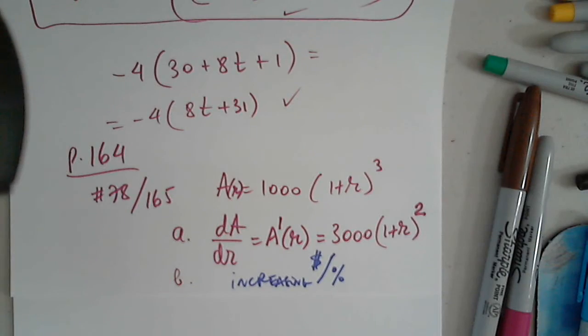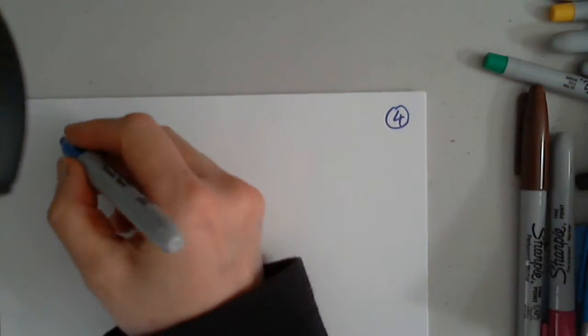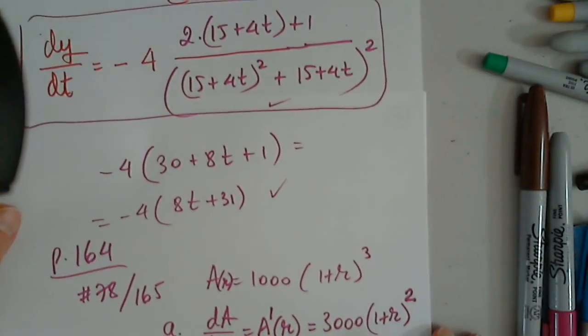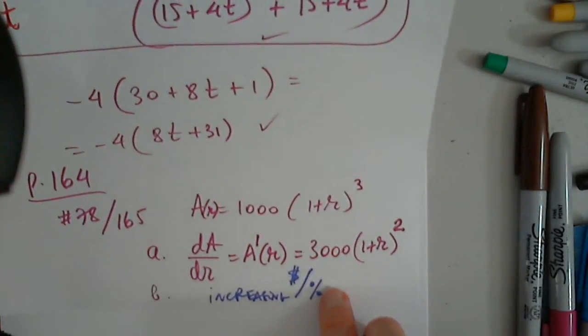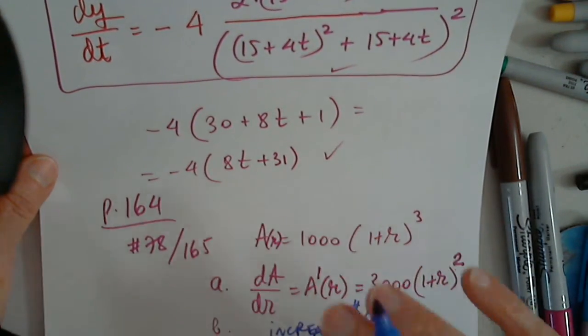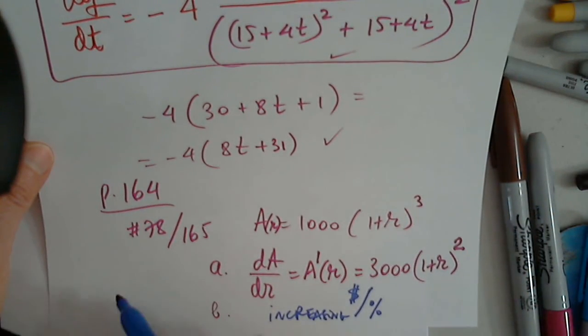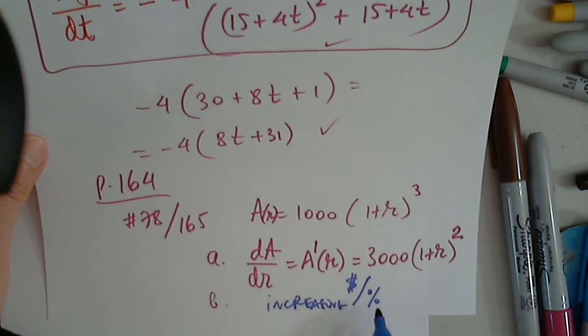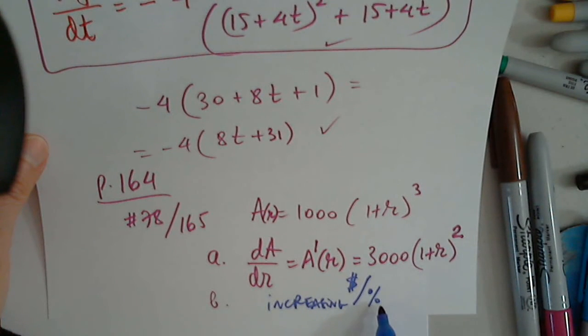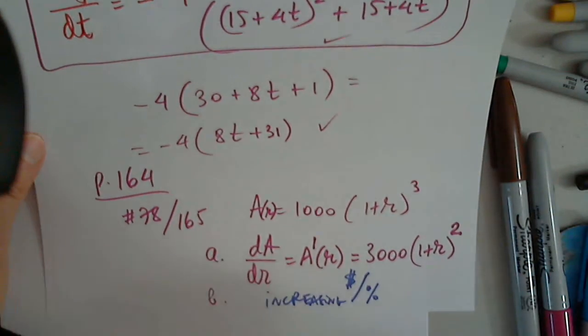Okay, let's look at consumer demand. Problem 80. For the last one, you said increase what by 1? So if it's like any slope, this is not a slope, right? It's not a slope because this is a different function. It's not a linear function, right? So as we increase the interest rate by 1%, the amount of money increases by whatever we get.